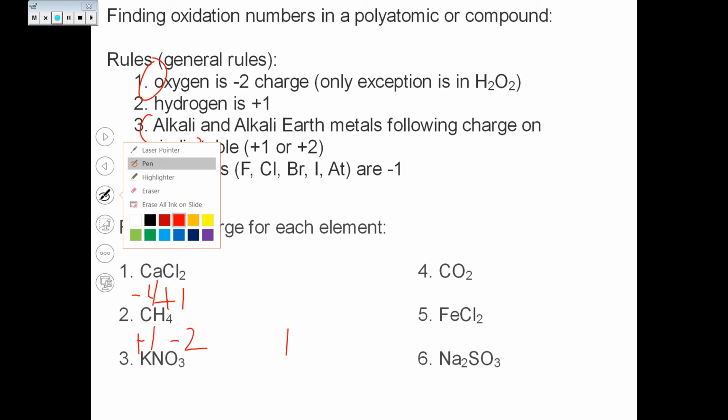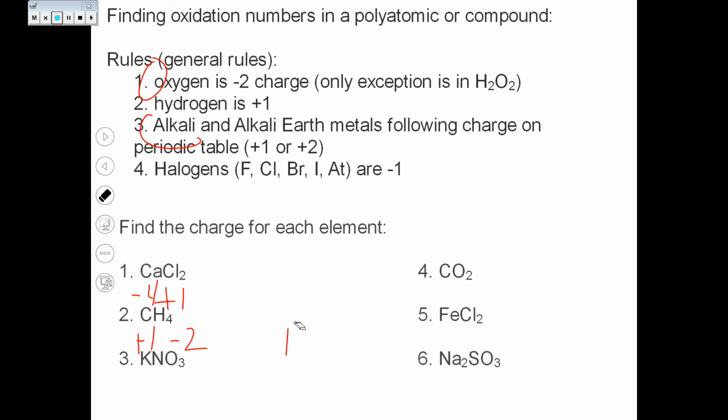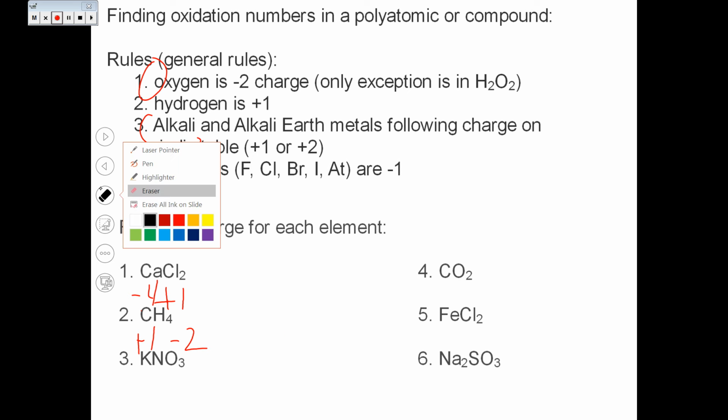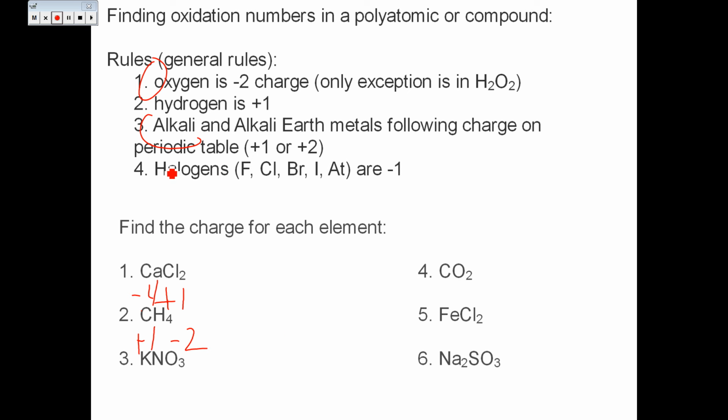What people probably want to do is say, oh, nitrogen, I learned that nitrogen is in group 5, so it's going to have a -3 charge. But when you are dealing with polyatomic compounds or 2 nonmetals, that oxidation number actually can change. So those numbers that you learned for groups 5, 6, and 7 are only if it's with a metal. Otherwise, you have to do this little trick.